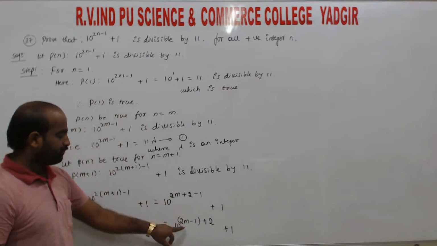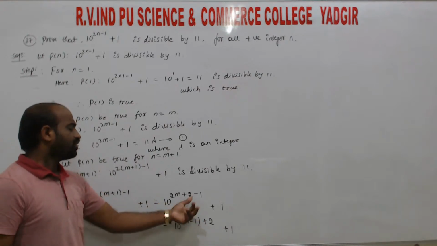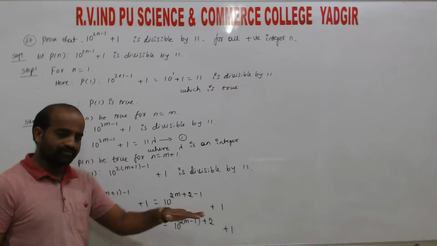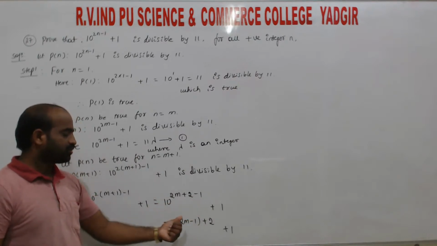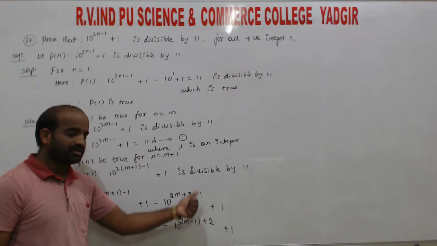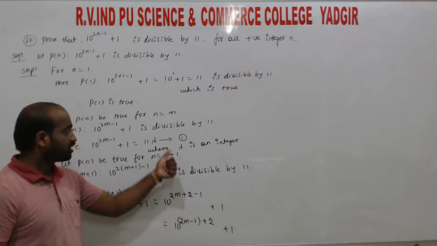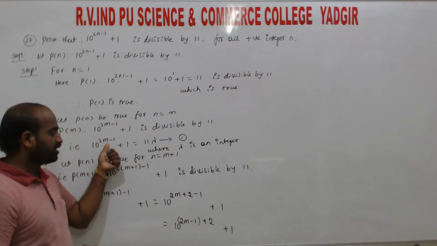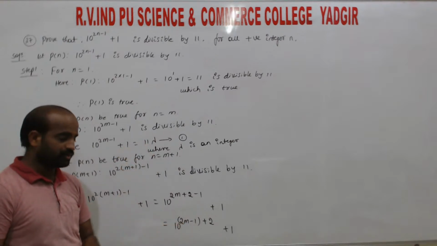Then we use equation 1, 10 to the power 2m minus 1 equal to 11 lambda minus 1, substituting.